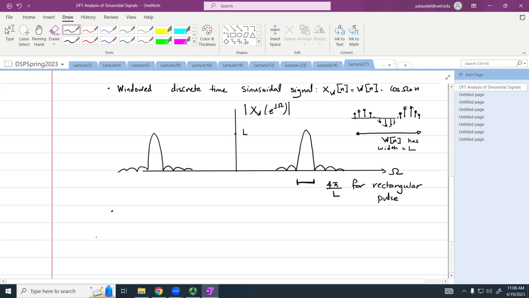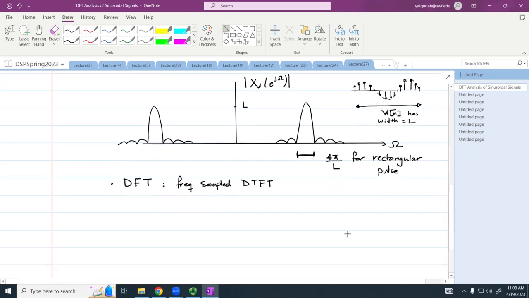What happens if we plot the DFT of this signal? The DFT is going to be a frequency sampled discrete time Fourier transform. So therefore, the spectrum is going to look something like this.